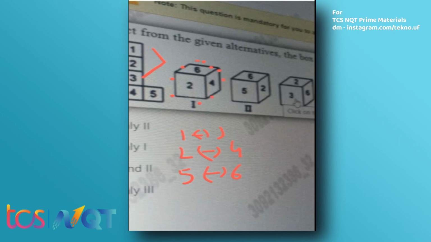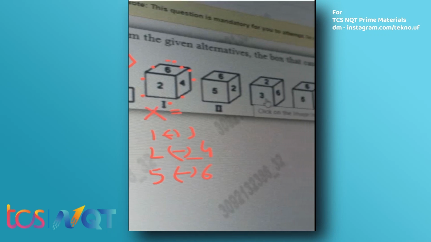As you can see, 2 and 4 are opposite, but they are present in this case, so this is eliminated. And 2, 5, 6: 5 and 6 are opposite, but they are present in this case, so this is also eliminated, because opposite elements cannot be visible at the same time.